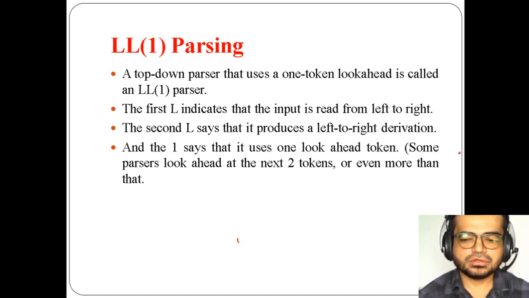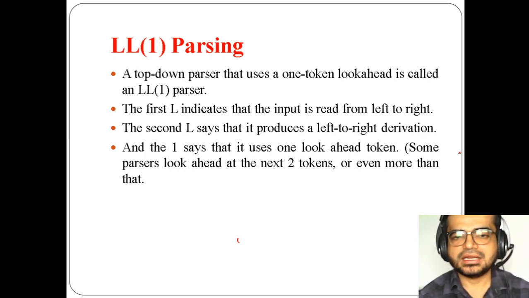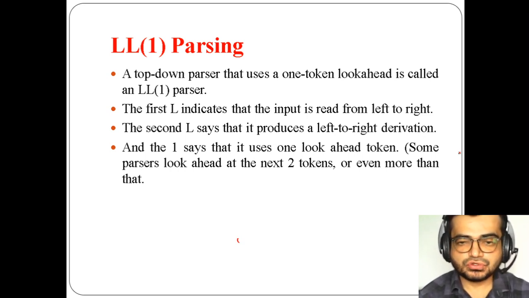You will get tokens from the scanner as input and you need to generate a parse tree. The role of the parser is taking a set of tokens as input and giving a parse tree.